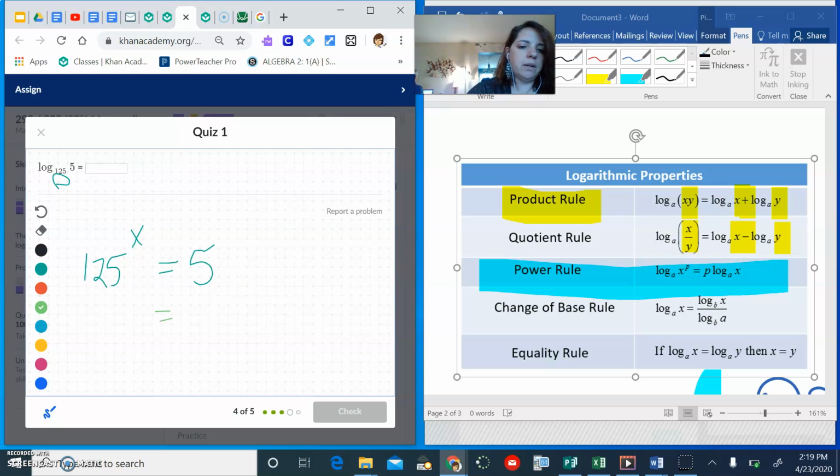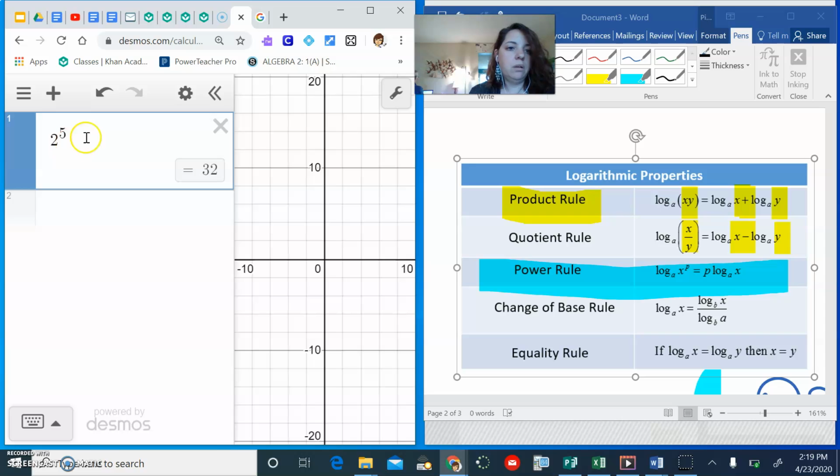So on the right side, that is simply a base I can get. This is 5 to the 1 power. So on the left, let's see if we can rewrite 125 as 5 to some power. You guys probably know this, but just in case. Let's see, 5 squared. Nope. 5 cubed.